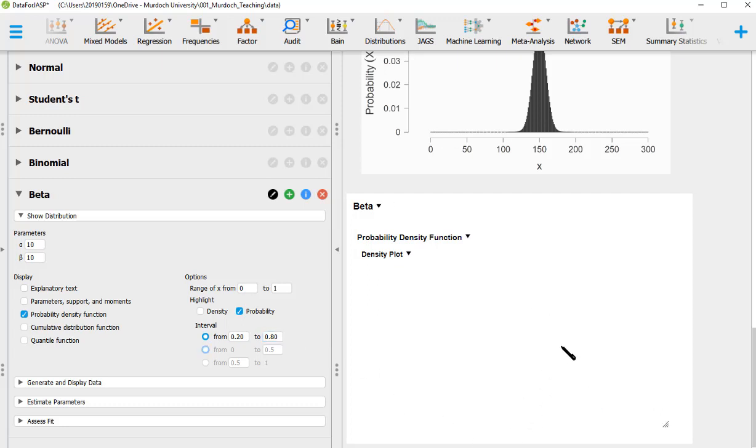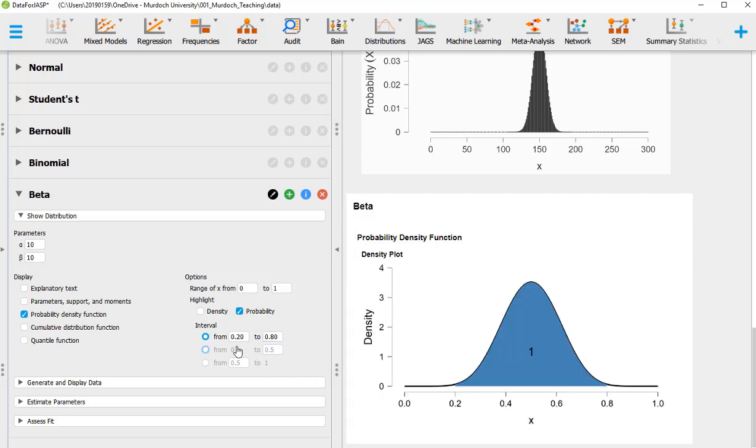Basically here, between 0.2 and 0.8, the probability of being in that interval is 100%, or 1. So values above 0.8 and below 0.2 are impossible; the probability of observing values below those numbers is 0.